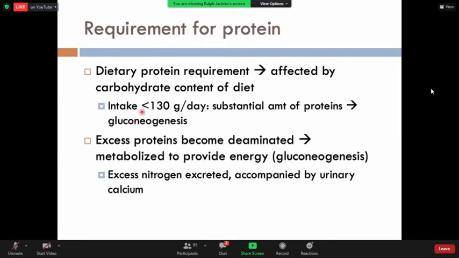So what happens here is that a certain amount of protein would be metabolized, would undergo gluconeogenesis. And at the same time, excess proteins, aside from being excreted, would also be metabolized to become intermediates in gluconeogenesis. Okay.